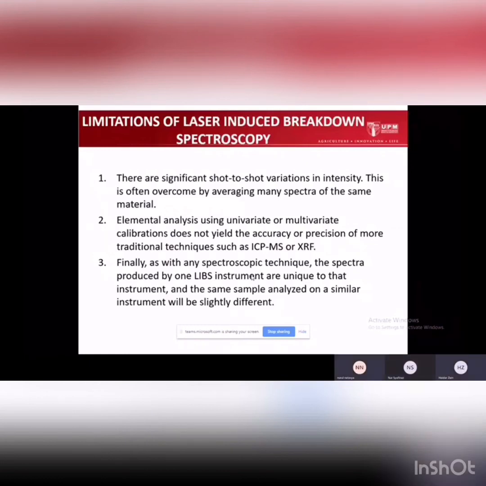This is often overcome by averaging many spectra of the same material. The second one is elemental analysis using univariate or multivariate calibration does not yield the accuracy or precision of more traditional techniques such as ICP-MS or XRF.